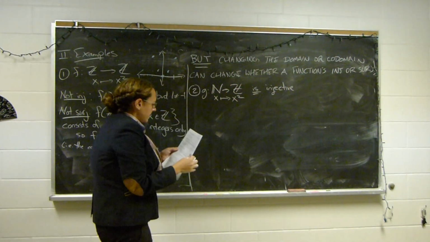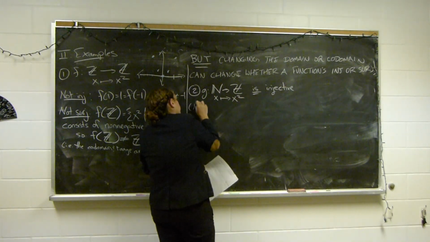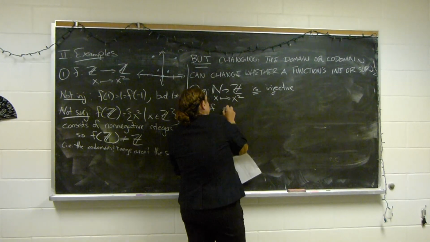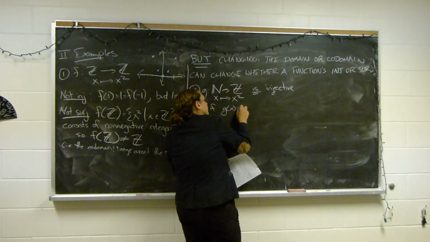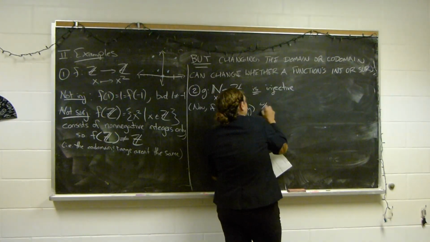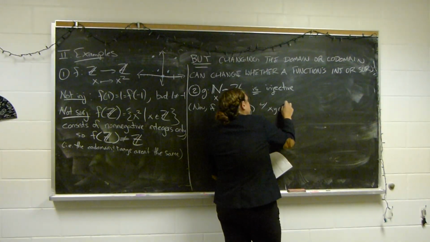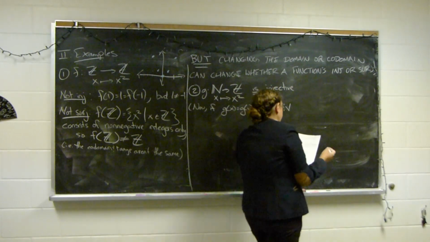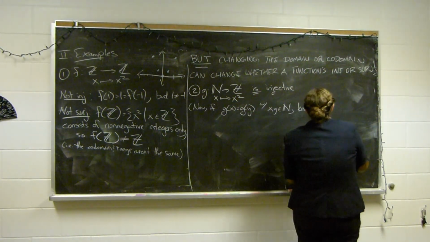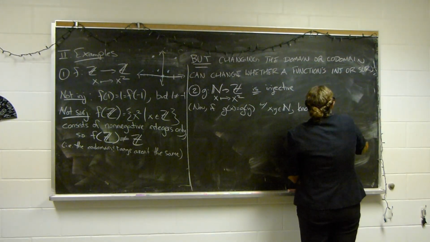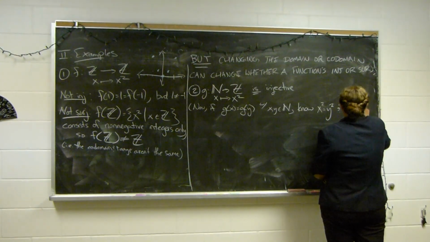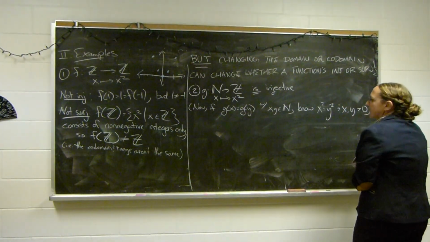Now, if g of x equals g of y, with x, y being natural numbers, then we know that x squared equals y squared, and x and y are greater than 0, so I know that x equals y.